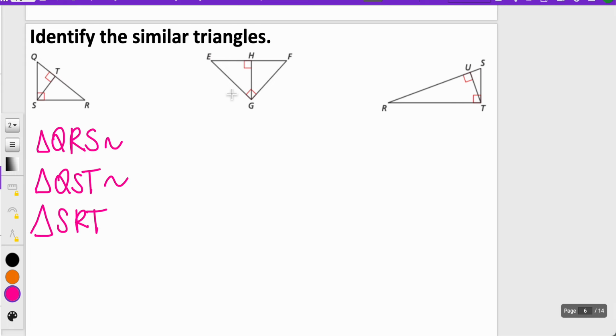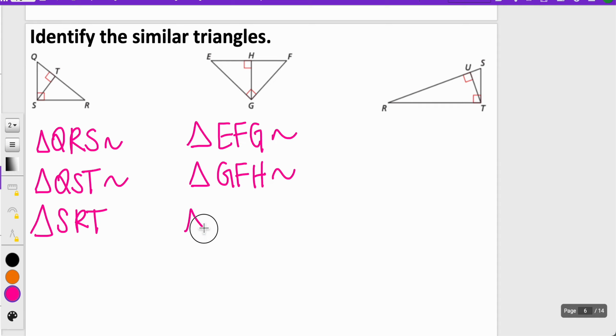See if you can try the next one here. So go ahead and start with your big triangle. Triangle EFG is similar to what two other triangles? So another triangle that it's similar to is GFH, ending on that 90-degree angle.